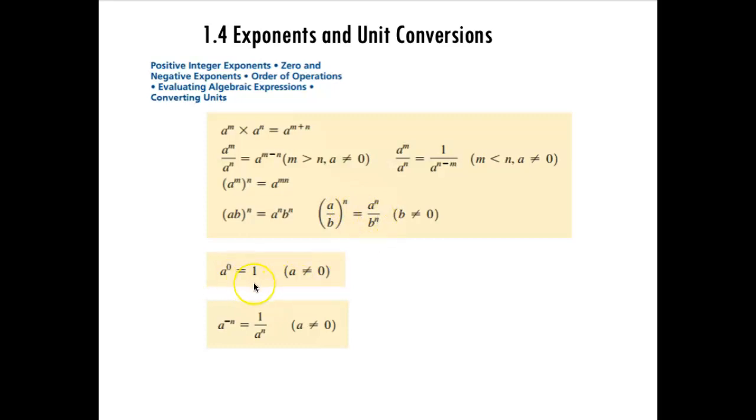A key one that sometimes students forget is any base raised to the 0 power is equal to 1, except a can't be 0. And if you have a base that has a negative exponent, then we can rewrite it as 1 over that base, and the exponent is now positive. So this is what we can do with the rules for exponents.